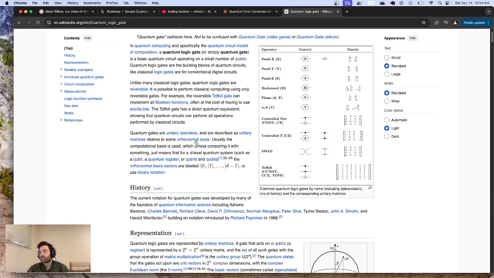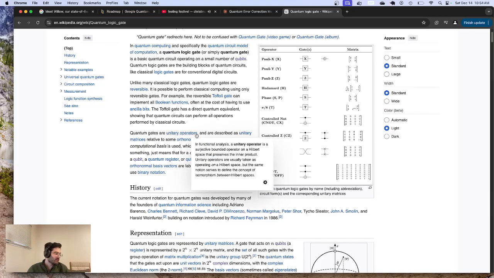Yeah, unitary operators are surjective, which means that a quantum state is represented.